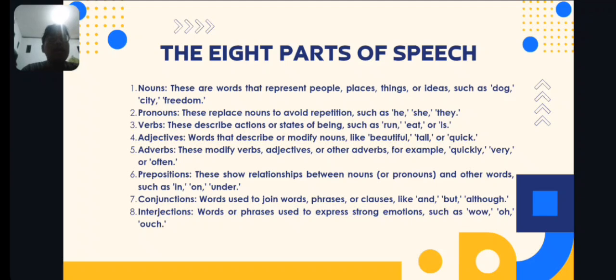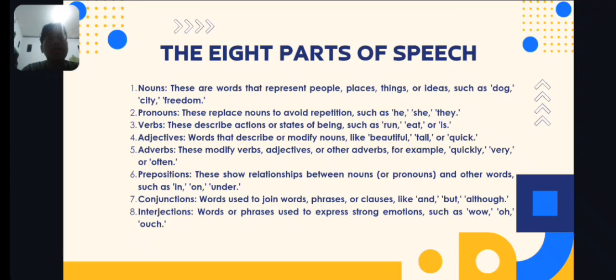So this is the 8 parts of speech. First, nouns. These are words that represent people, places, things, or ideas, such as dog, city, freedom. And the second, pronouns.